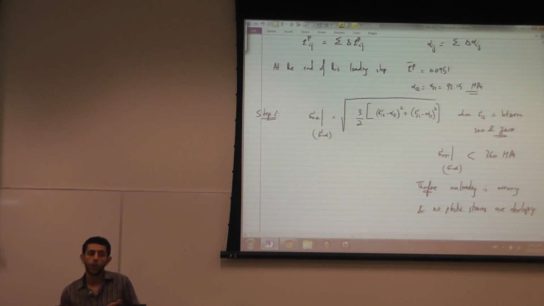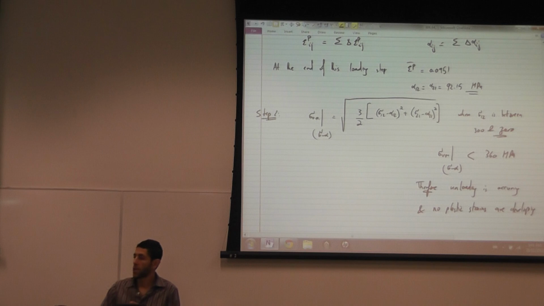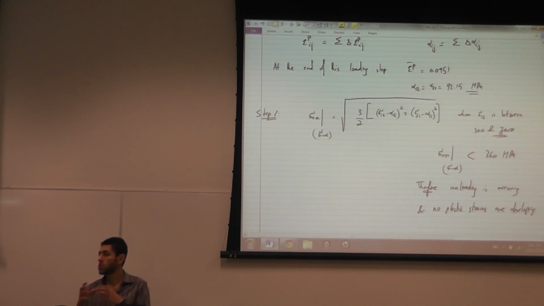Because how this model might predict, even as you unload, you might move the yield surface so much into one direction, such that when you're unloading, you're actually developing plastic strain in the opposite direction. But we just made sure that even at sigma 2, between 0 and 300, as I'm unloading, I'm always less than 360 MPa, so I'm still inside that yield surface.